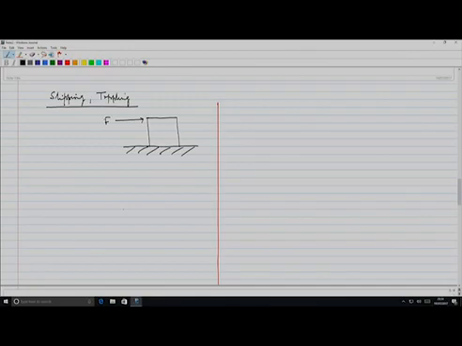The edge length of this cubical block is L. This is a horizontal surface, but it is a rough surface. It's a cubical block resting on a rough horizontal surface.